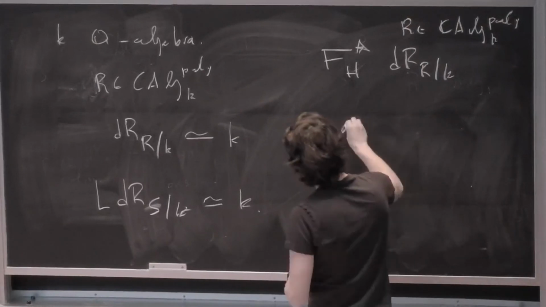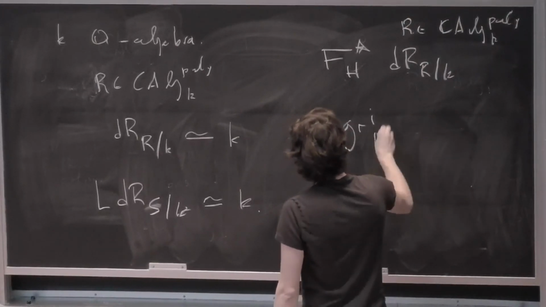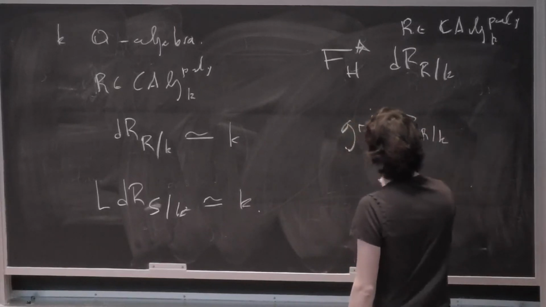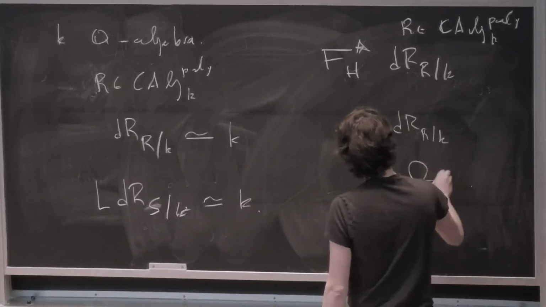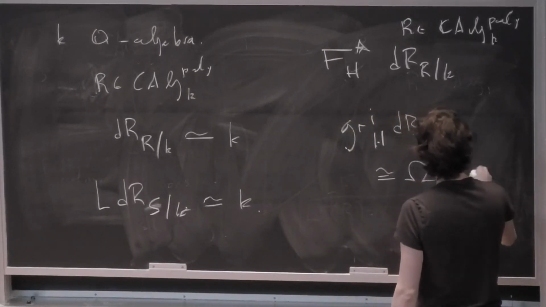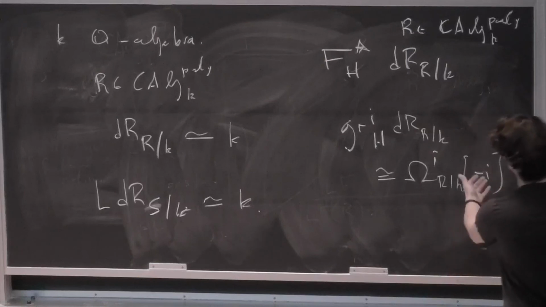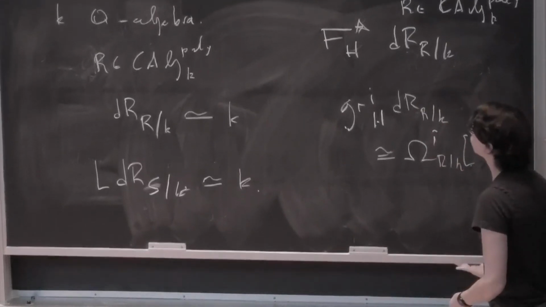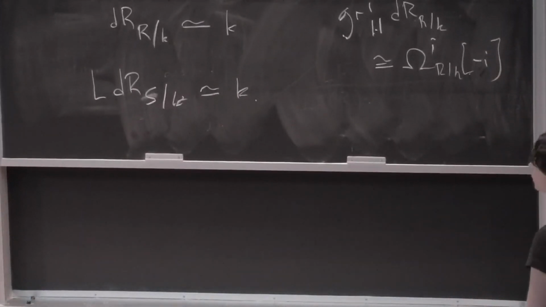And what are the graded pieces of this? So the ith graded piece is omega I R over K sitting in homological degree minus I, cohomological degree I. So I guess kind of working homologically everywhere.